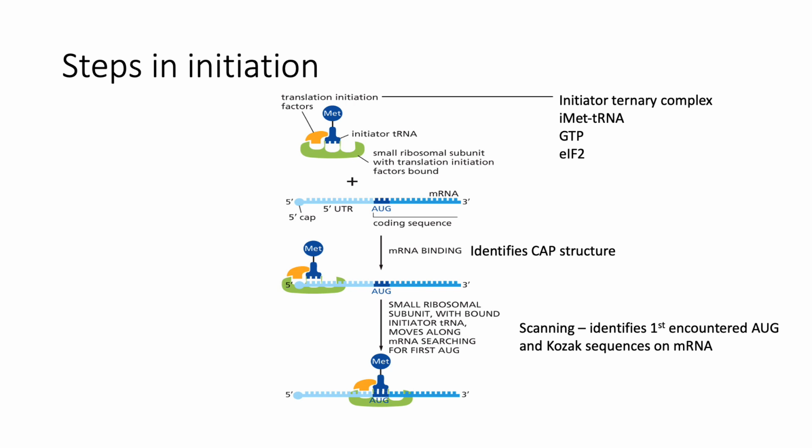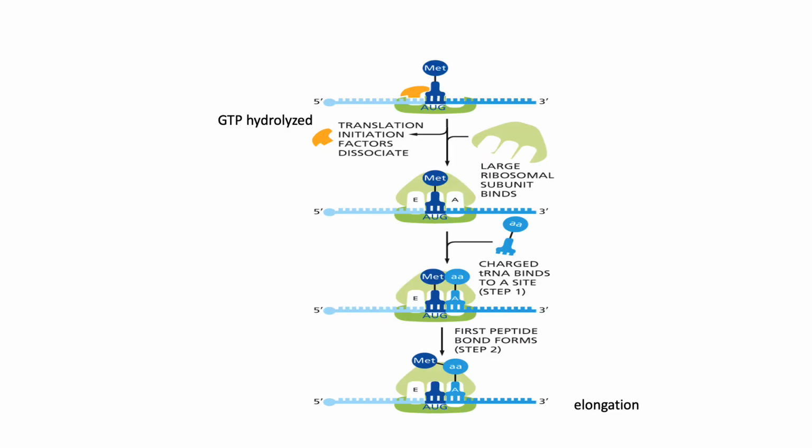Then there's a few more steps. So here you see up at the top, you have the initiator methionine transfer RNA base pair with the AUG codon and the RNA molecule, the message. At that point, when that kind of gets locked in, that GTP hydrolyzes, and the translation initiation factor comes off, so now it's left there.